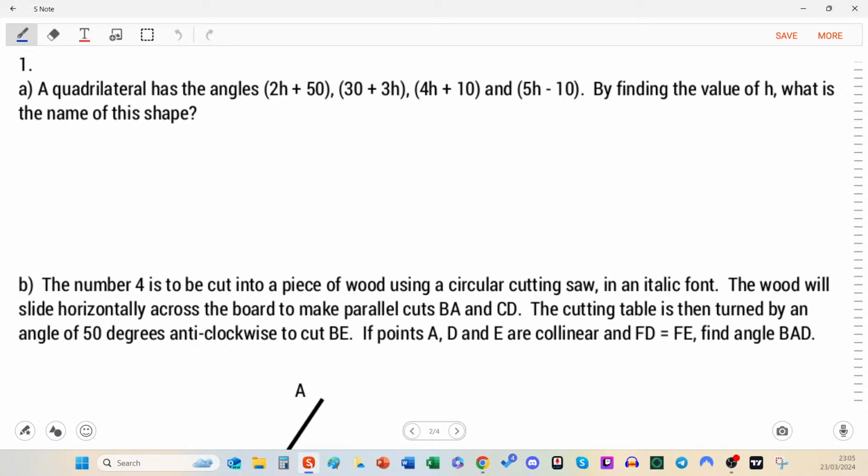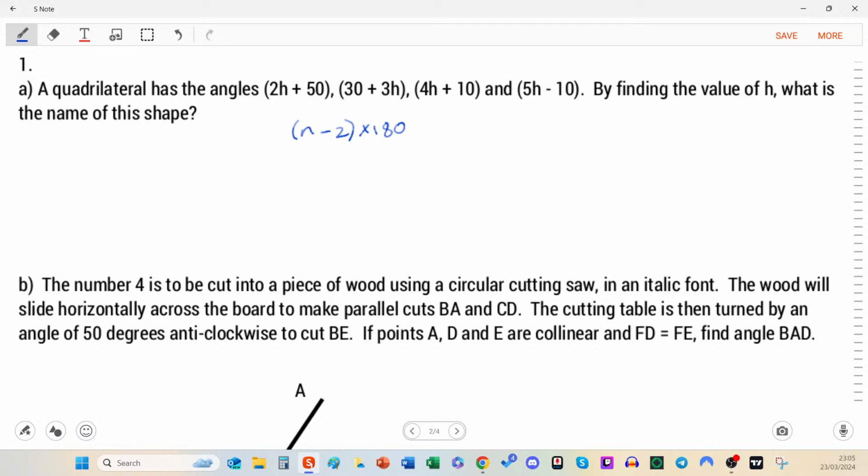So in polygons, we know that, I'll do it properly here, in general, a polygon has internal angles according to the formula (n subtract 2) times 180. And this is useful for all sorts of polygon problems.